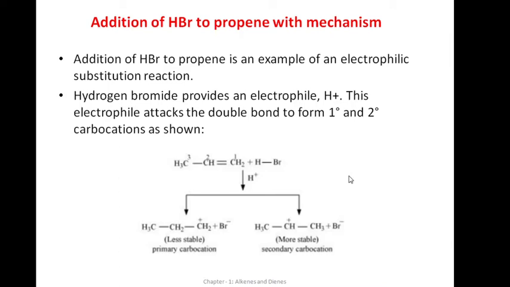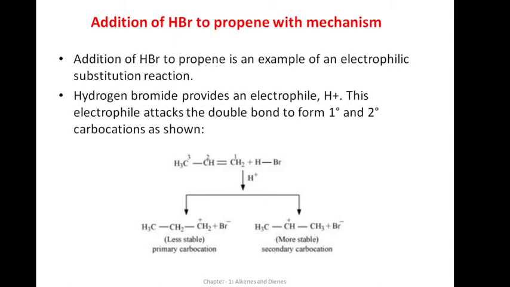So there are 3 types of addition reactions: electrophilic addition reactions, nucleophilic addition reactions, and free radical addition reactions. Okay. So here, while we discuss HBr getting added to propene, it is an electrophilic addition reaction.